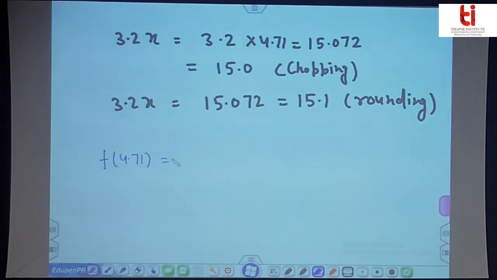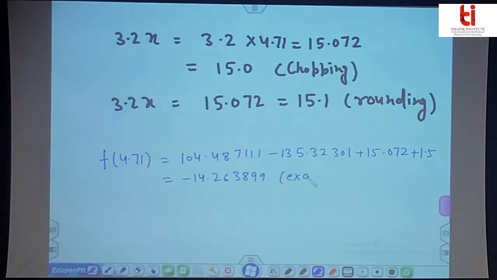The value is 104.487111 minus 135.32301 plus 15.072 plus 1.5. The value of f at 4.71 comes out to be minus 14.263899. This is the exact value.